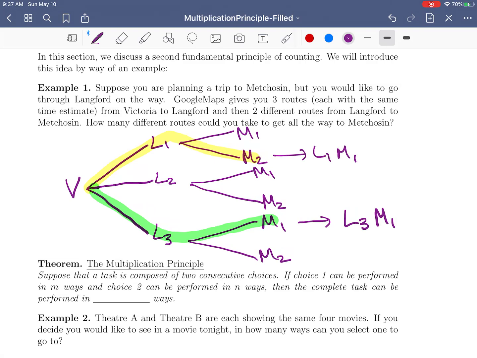Each of these different paths is a different route from Victoria to Machosen that goes through Langford. So now we just need to count how many endings there are, because each ending corresponds to a different way. We see that there are 6 different routes that you could take.